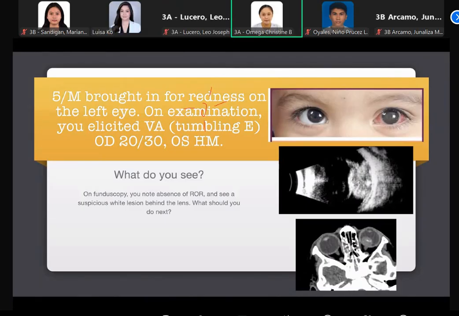Doc, there is hyperdense intraocular mass in the left side, Doc, with calcification. Okay, thank you, Christine. Before we read what you see, you have to tell us what the imaging modality is.